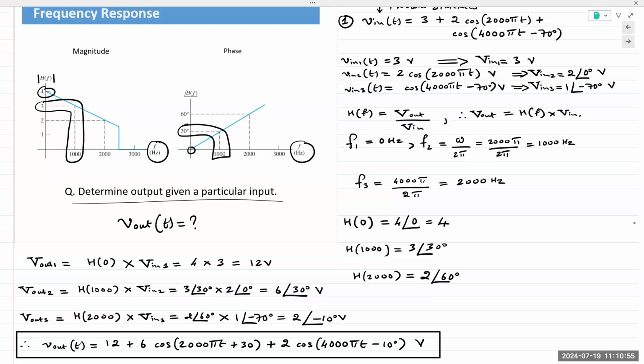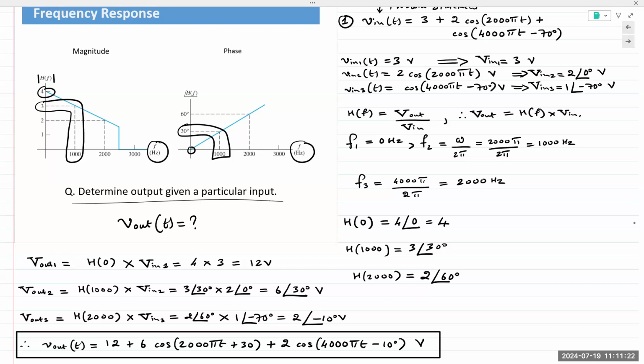Okay, so the circuit, again, we don't know what it is, how it works, or why. We can deduce or conclude that it is an amplifier for a certain frequency. Even the other two components, V in 2 and V in 3: 2 volts goes to 6. 2 volts goes to 6.